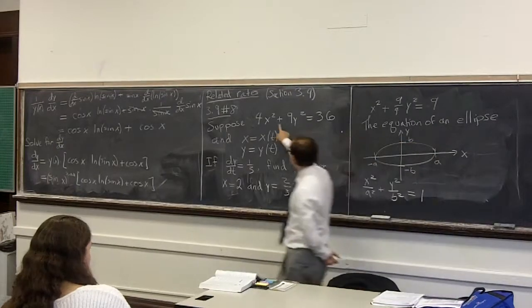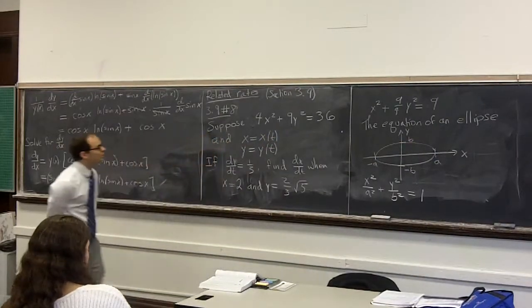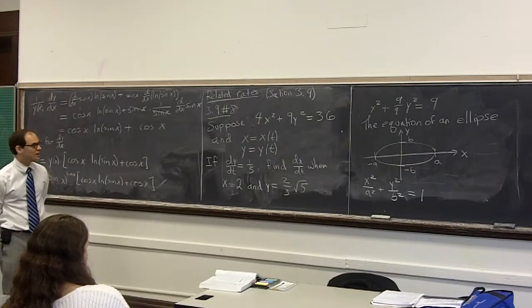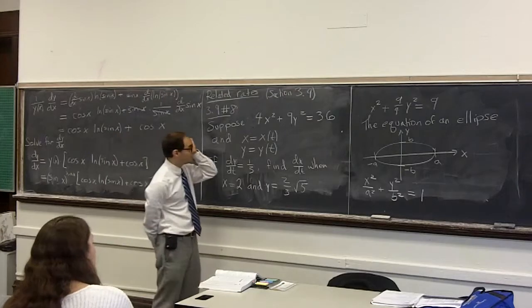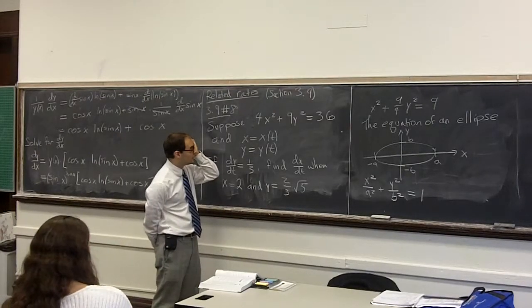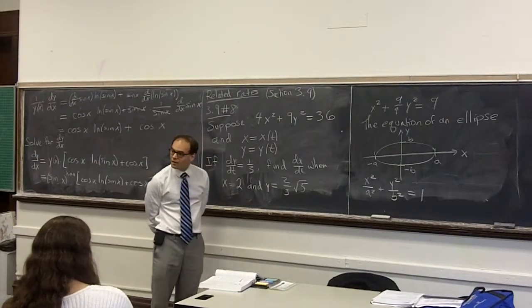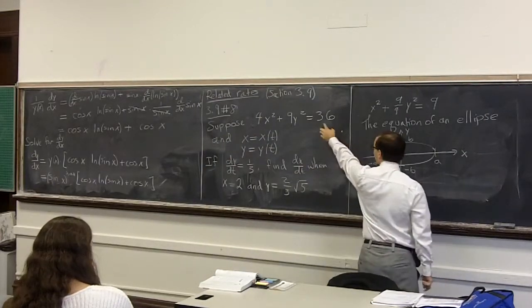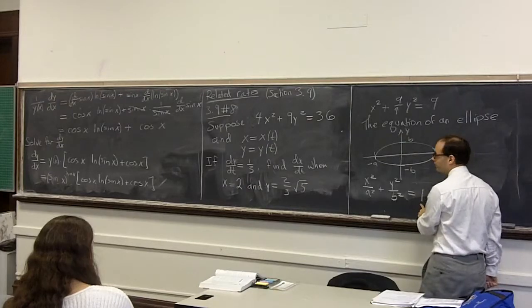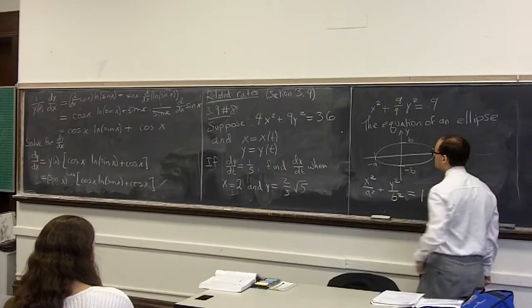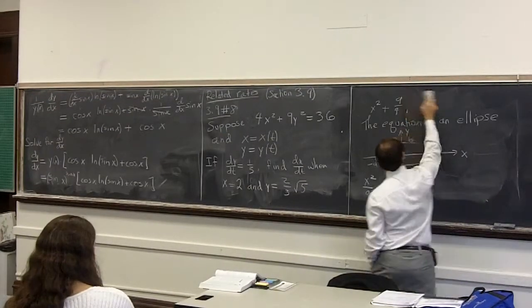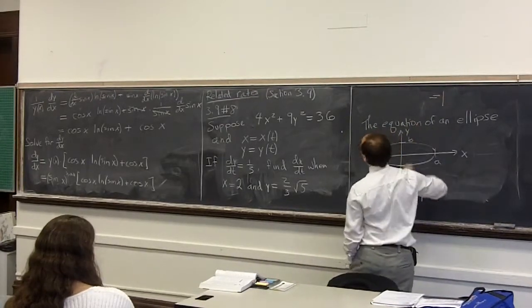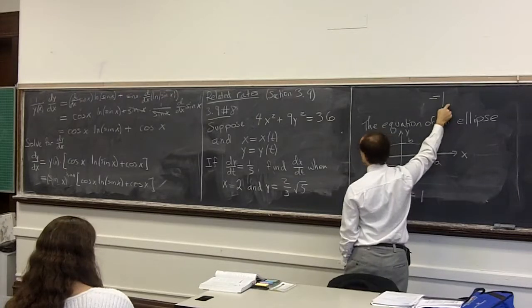So this thing here, A is what? What is A in this equation? Well, remember, I've got to do a bunch of manipulations here. I've got to make the right side equal 1, and I'm looking at the denominator square root of it. Okay, so let's rewrite that. So this is supposed to equal 1. So I'm going to divide both sides by 36.